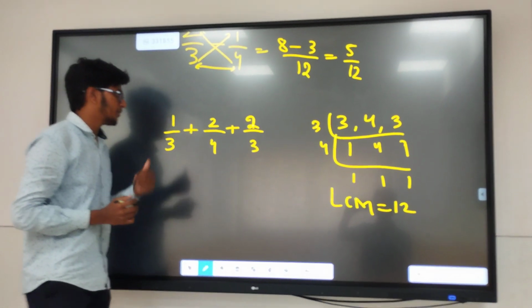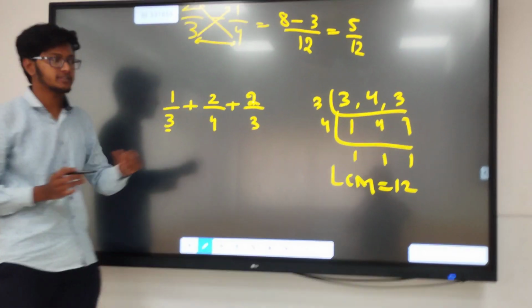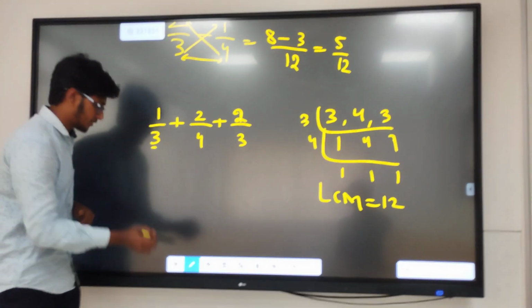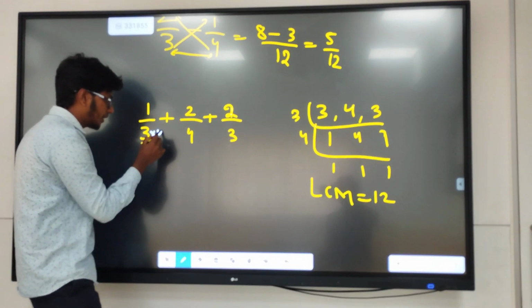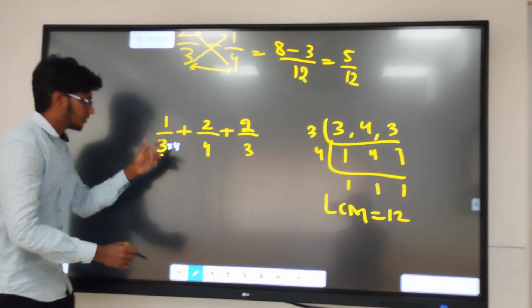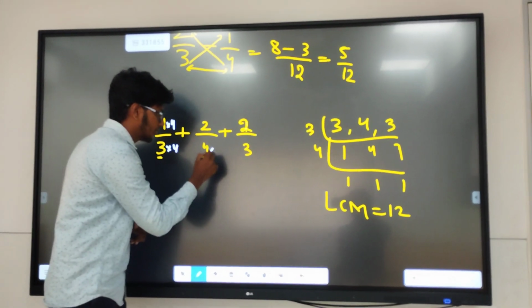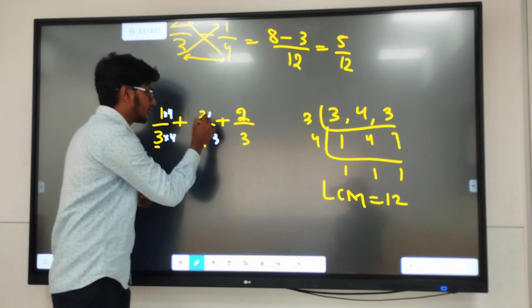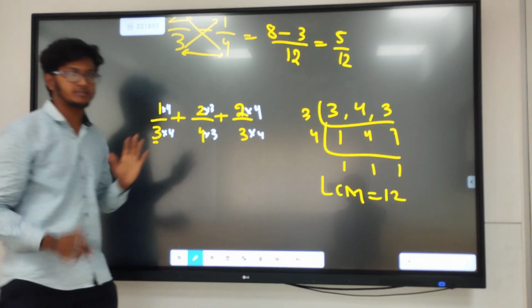Now you should multiply the numerator with such a number that you will get the denominator as the LCM. As you said just now, it is 3 into 4. If I multiply 3 into 4, I will get 12. The same number should be multiplied in the numerator. Go with the denominator, 4 3s are 12, again here 3, again here into 4. Is this clear?